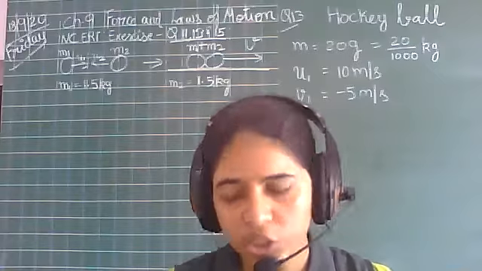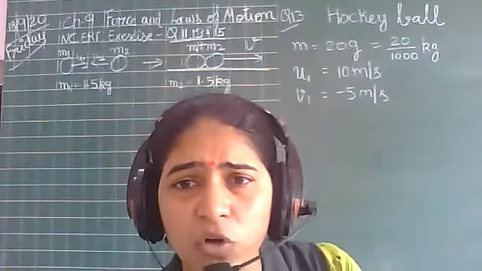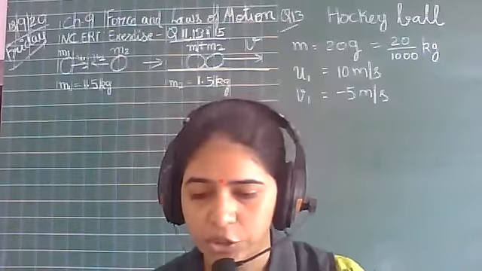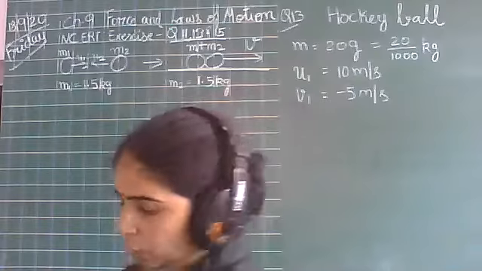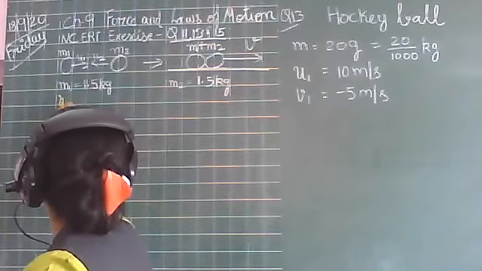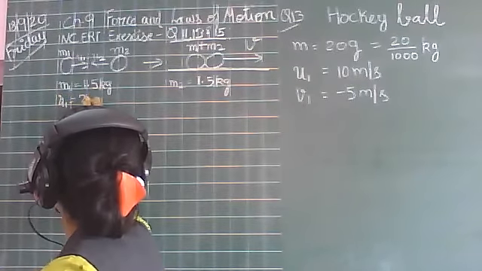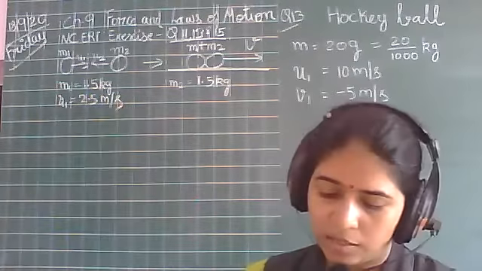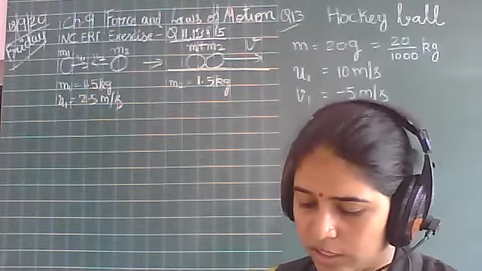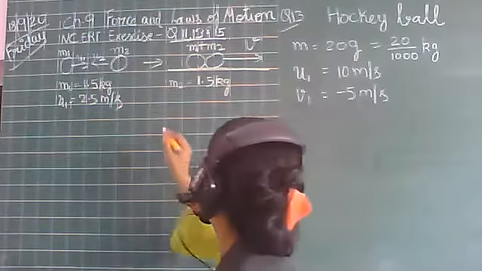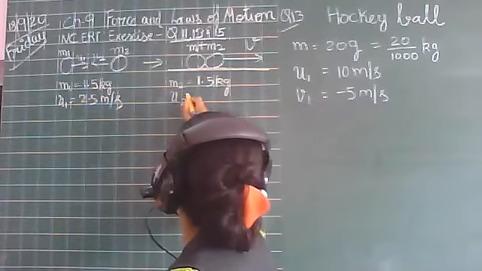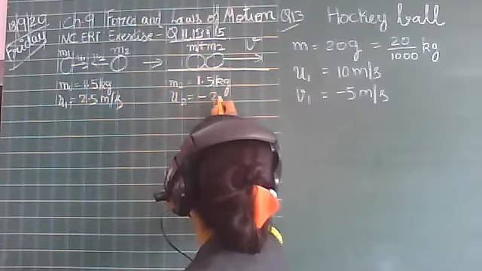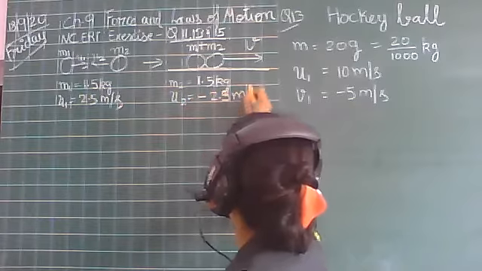So these are the initial values. They have not undergone collision. So initial velocity of object 1, that is u1, is 2.5 meter per second. And the velocity for object 2 is also same. But as they are moving in opposite direction, so u2 equal to minus 2.5 meter per second.